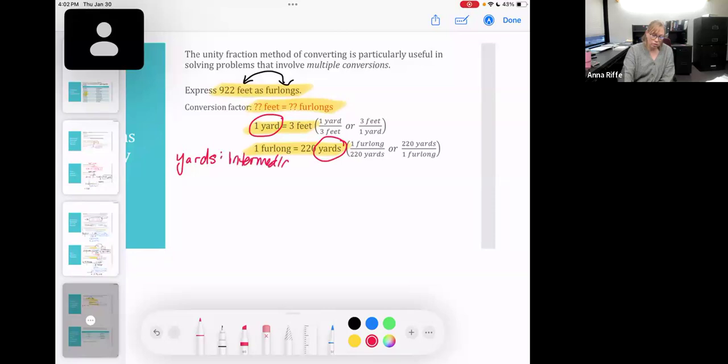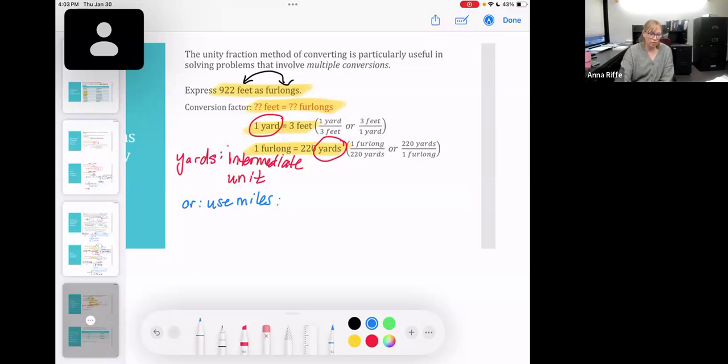Intermediate unit, because it is a connecting factor between feet and furlongs. We could also use miles as an intermediate unit. So you might see that if you're looking at the conversion chart. So there's often more than one intermediate unit.